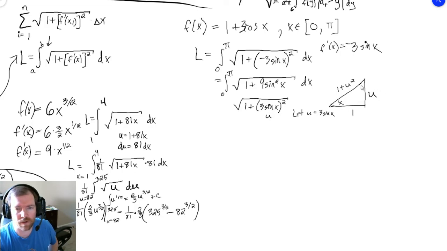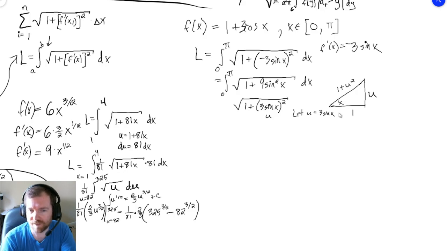I'll see how that goes. I think actually it doesn't matter. I think we're good here. This is going to be the square root of 1 plus u squared. Okay. So then what we've got here is the sine.